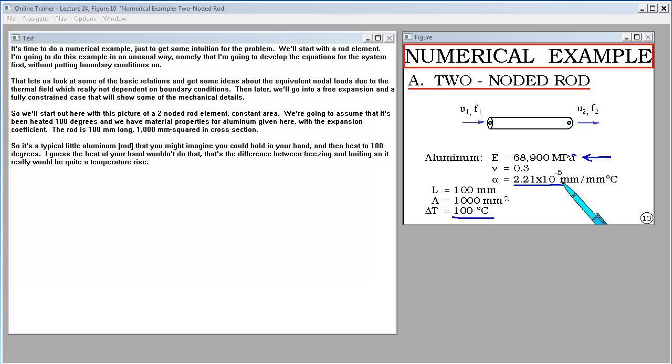The rod is 100 millimeters long, 1,000 millimeters squared in cross-section. So it's a typical little aluminum link that you might imagine you could hold in your hand and then heat to 100 degrees. I guess the heat of your hand wouldn't do that. That's the difference between freezing and boiling, so it really would be quite a temperature rise.